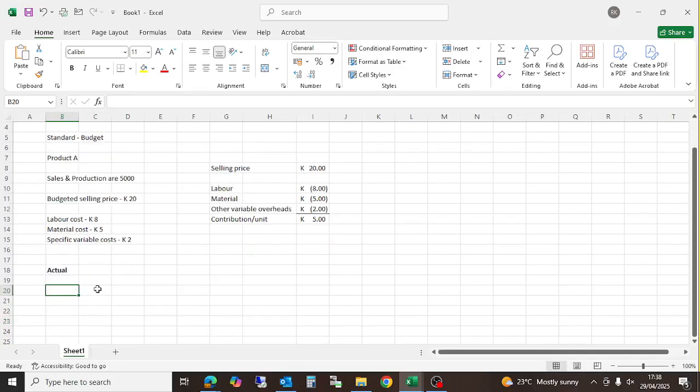So for our actual data, let's say instead of us selling and producing 5,000, our sales and production are now 4,500 units.